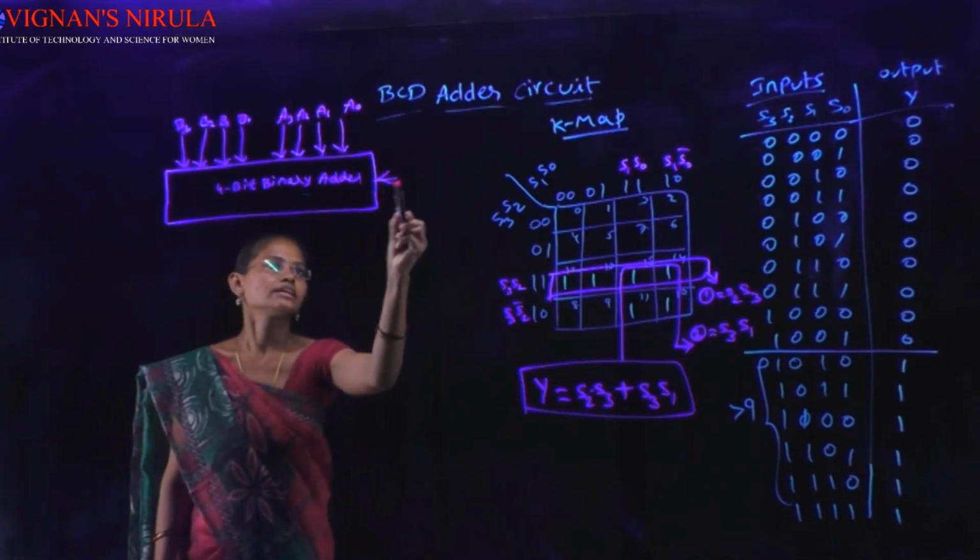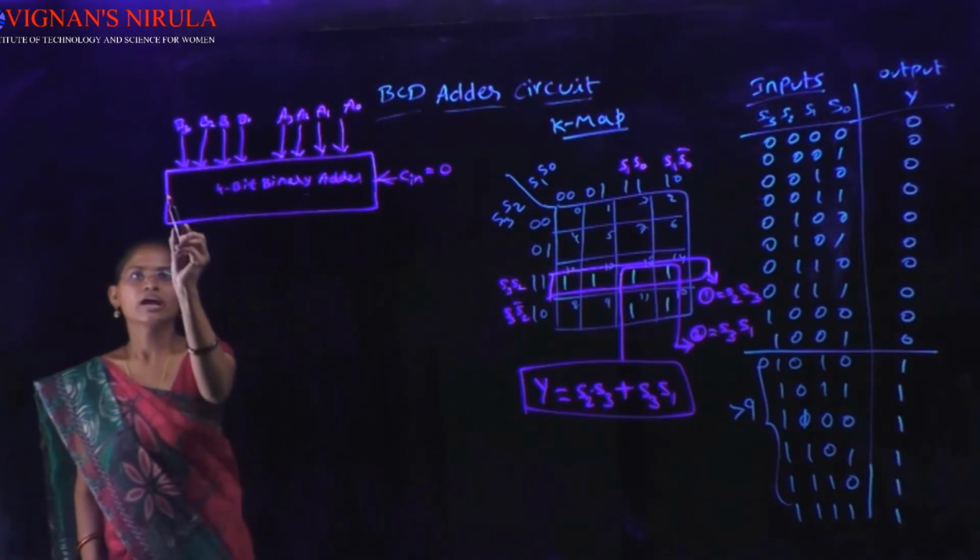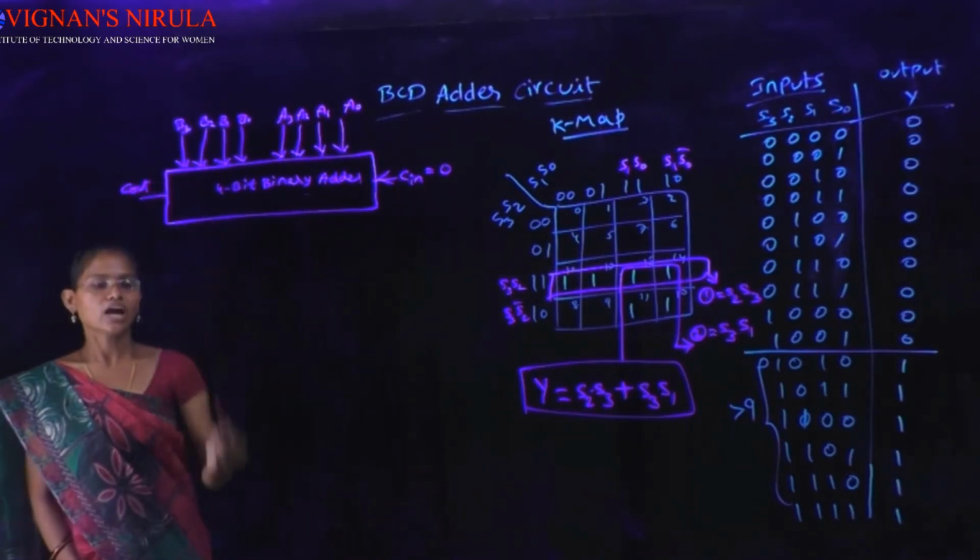This is the carry in. Initially we take it as 0, a ground connection, and this is the carry out.